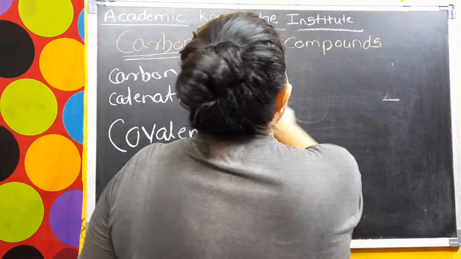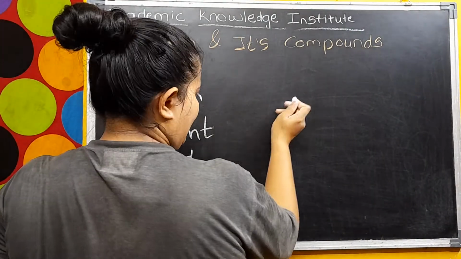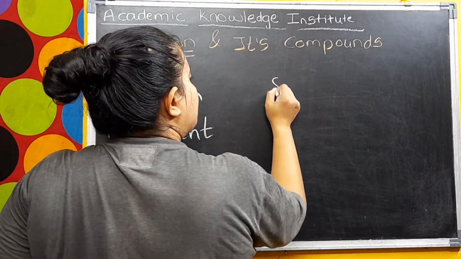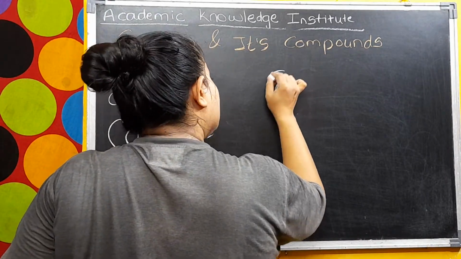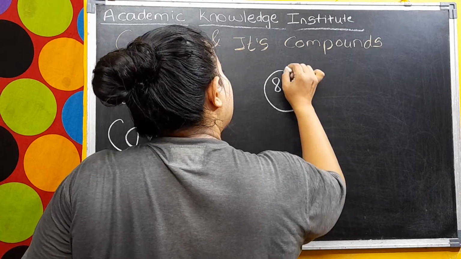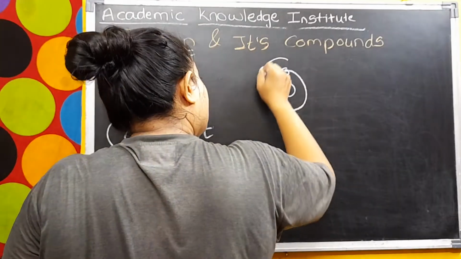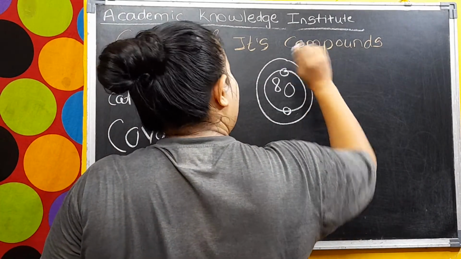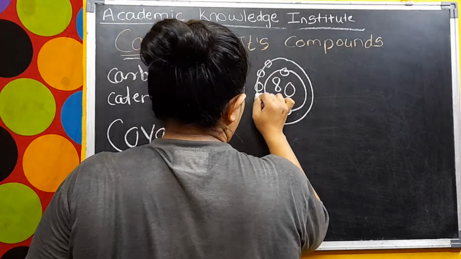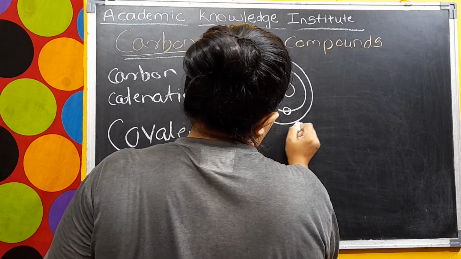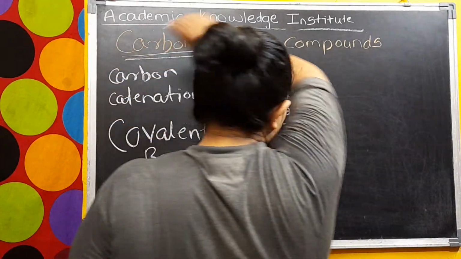Okay, now we will see oxygen. What is the atomic number of oxygen? That is 8. Here I am directly writing like this. In the first shell there will be 2 electrons, and in the second shell there will be 6 electrons: 1, 2, 3, 4, 5 and 6.